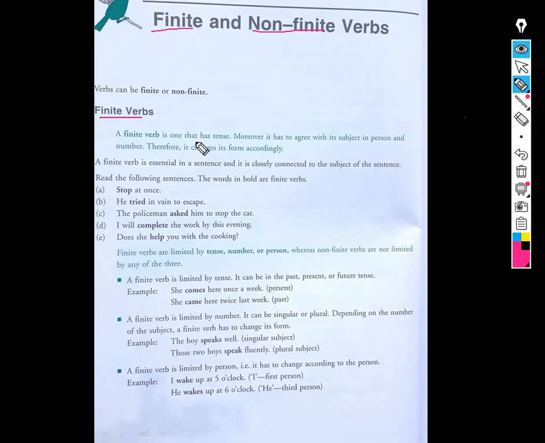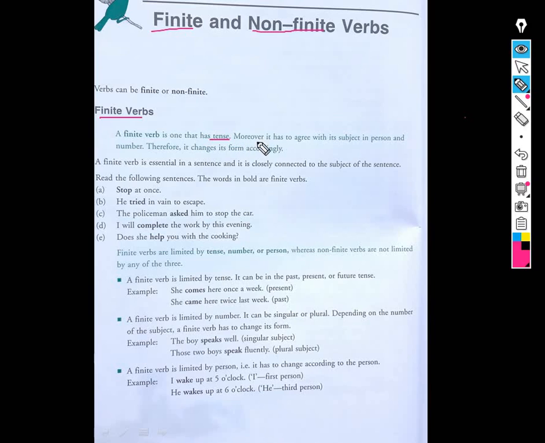The other quality of this finite verb, the first one is it has tense. It changes according to tense. It has first form, it has second form. When we use it with will and shall, it gives us the meaning of future action.